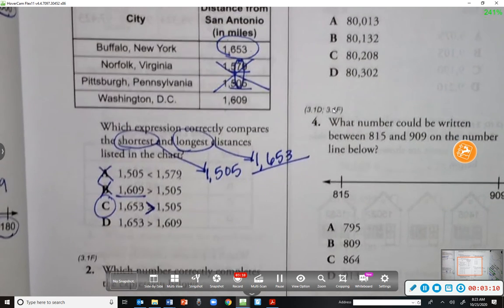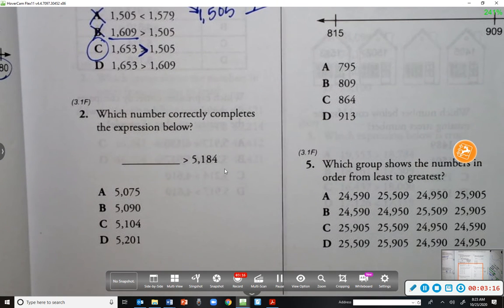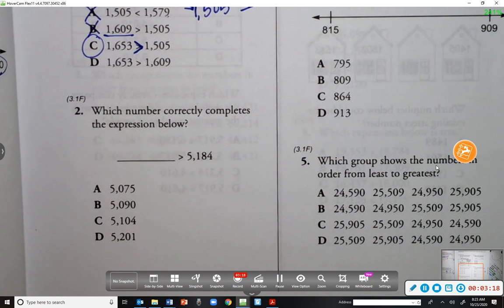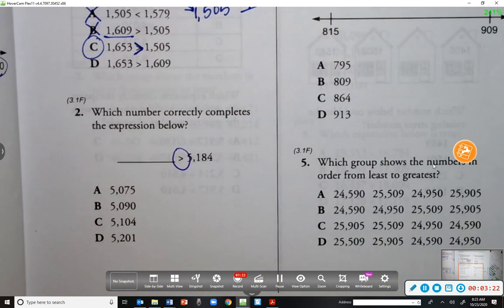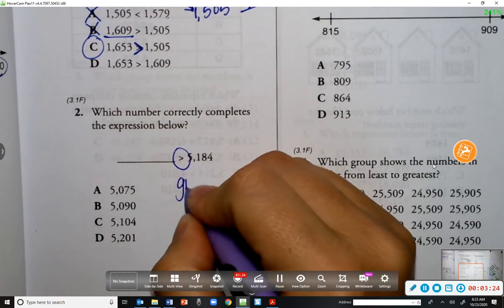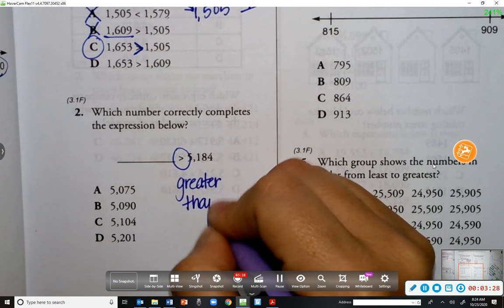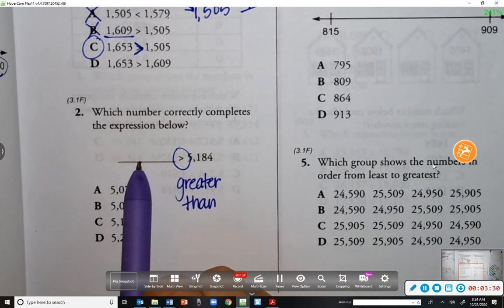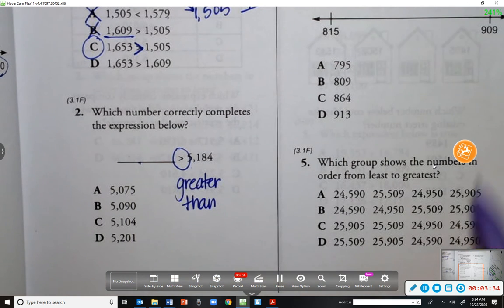Okay? Number 2. Which number correctly completes the expression below? Okay, so how would I read this symbol? So it is B. Greater than. So the number over here needs to be greater than 5,184, okay?